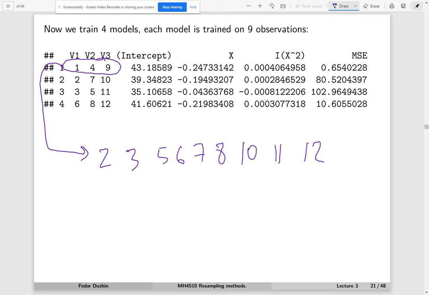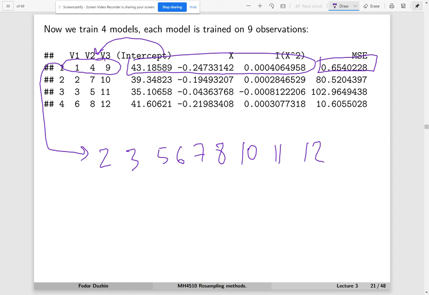So there are 9 of them. So we used 9 observations to train it, and we applied this model to observations 1, 4, and 9 to find this mean squared error. So this is the mean squared error of this model on the observations 1, 4, and 9.